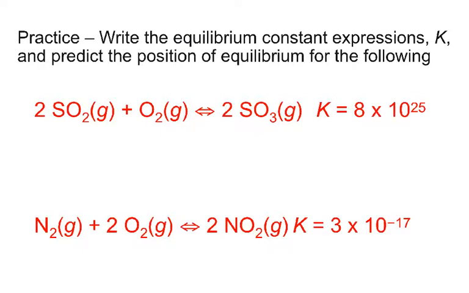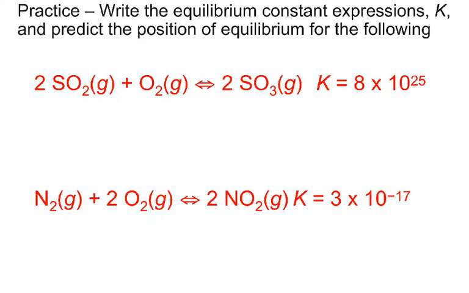All right, so let's work through a couple of questions using our equilibrium expression. This question says, write the equilibrium constant expressions K and predict the position of equilibrium for the following. So 2 sulfur dioxide plus oxygen goes to 2 sulfur trioxide. And we have a K value of 8 times 10 to the 25th.